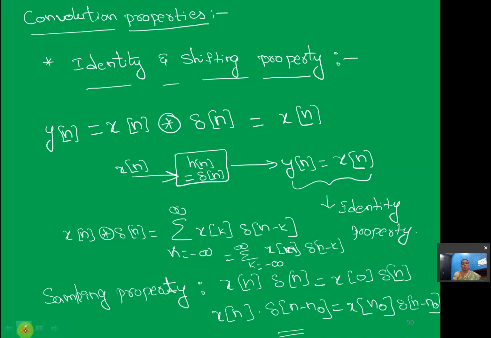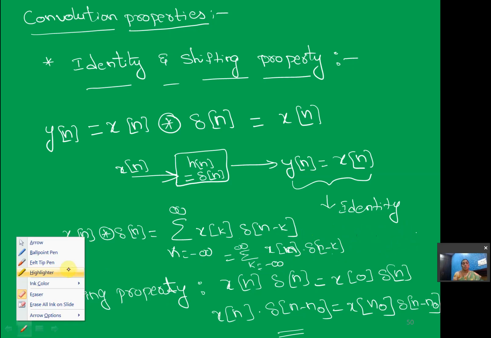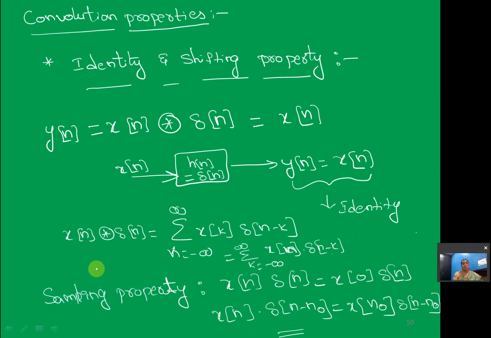And this is equal to, observe here, x of n is now independent of k. So now take it outside. Then we have the summation over k from minus infinity to infinity of del of n minus k.